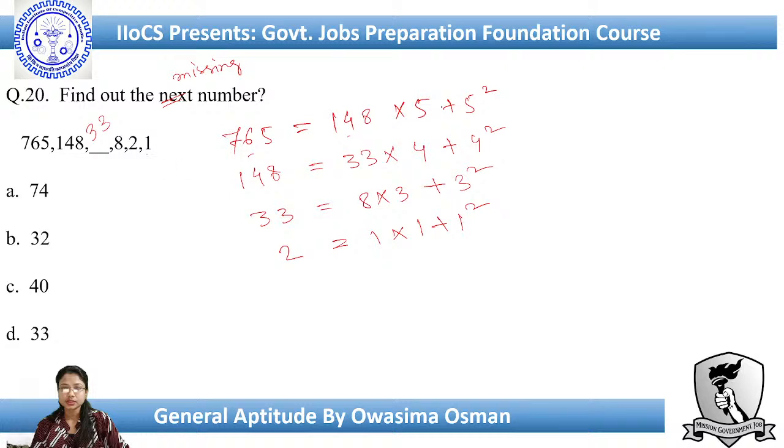The multipliers are in AP series, that is 5, 4, 3. The missing term is 8, which equals 2 into 2 plus 2 square. So the AP series is 5, 4, 3, 2, 1. So our answer is 33, option D.